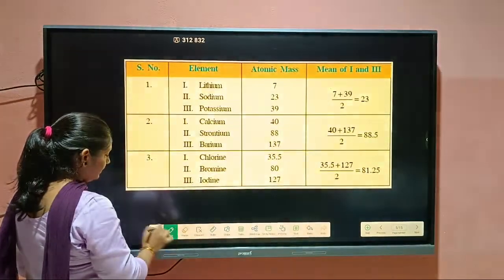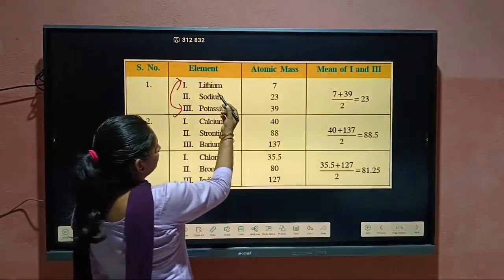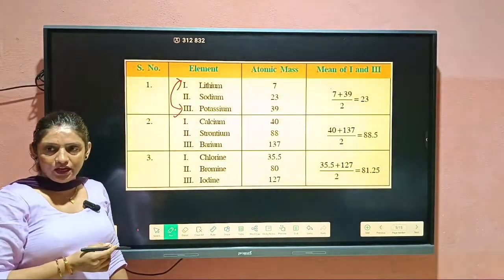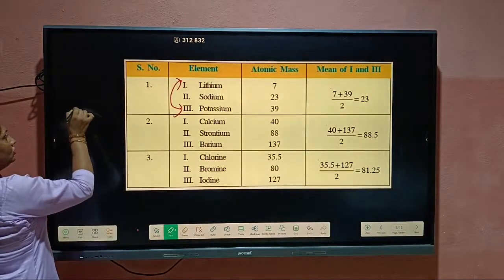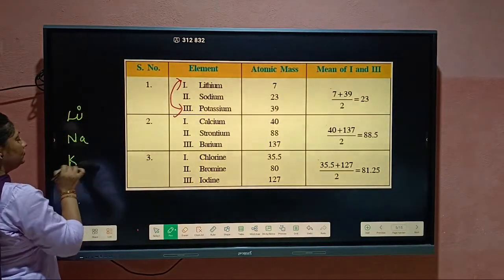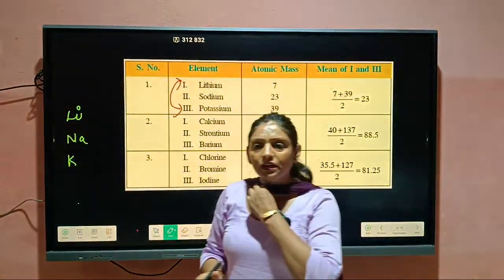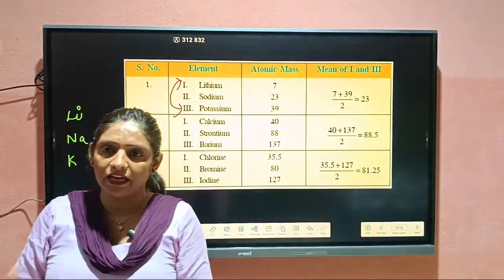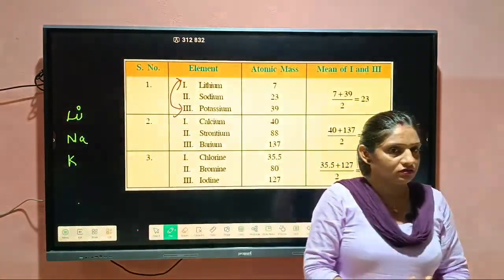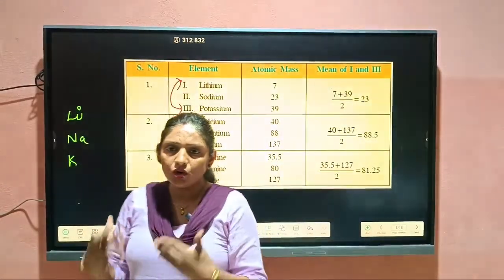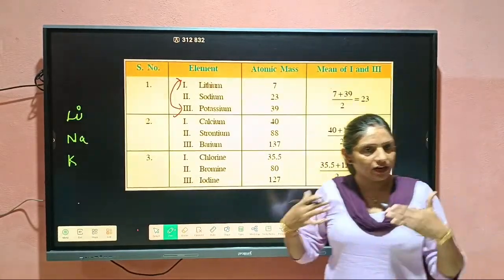Here you can see lithium, sodium and potassium. According to Dobereiner, they make a triad. Triad means that Dobereiner worked on three elements at the same time, so we use the word triad for three elements. Because this law was given by Dobereiner, it is known as the Dobereiner triad law.